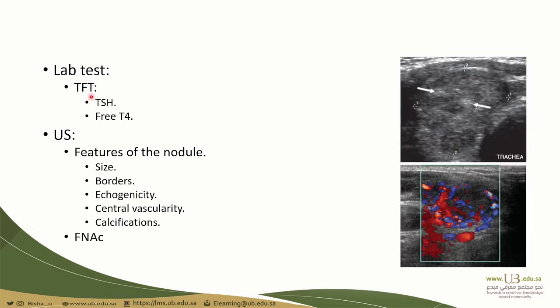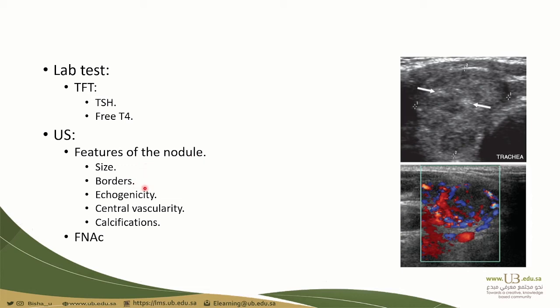Lab test: thyroid function test, TSH and free T4, to make sure that this patient is not toxic and doesn't have a hyperfunctioning nodule. And ultrasound, you will look for the features of the nodule to see whether it is going with malignancy or with a benign nodule.